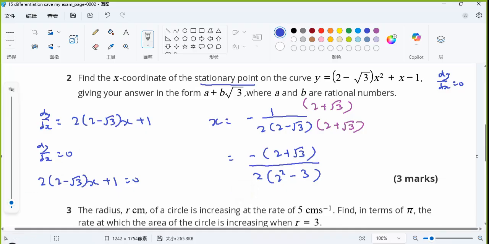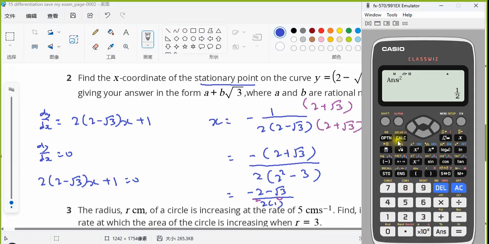So the final answer for this will be negative 2 minus square root 3 over 2 times 1. Okay, and then this divided by 2, so it will be negative 1 minus half square root 3.